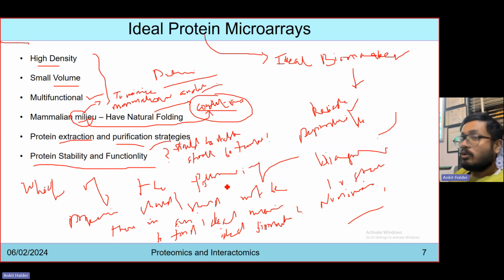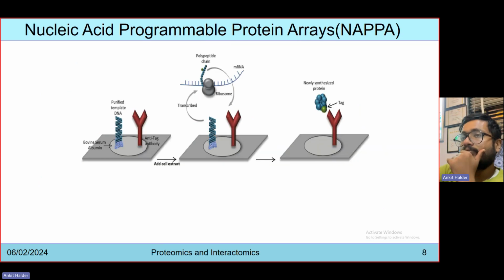So first, on the basis of the properties of the arrays: high density, a small volume of analytes, and multifunctionality. Next is the mammalian milieu, the condition to have natural folding, then the protein extraction and purification strategies, and the protein should be stable and functional.